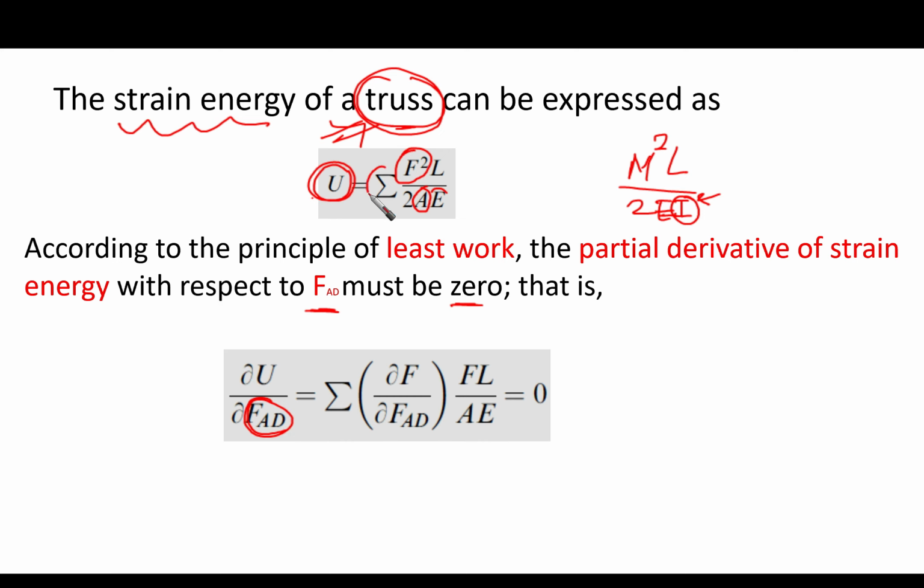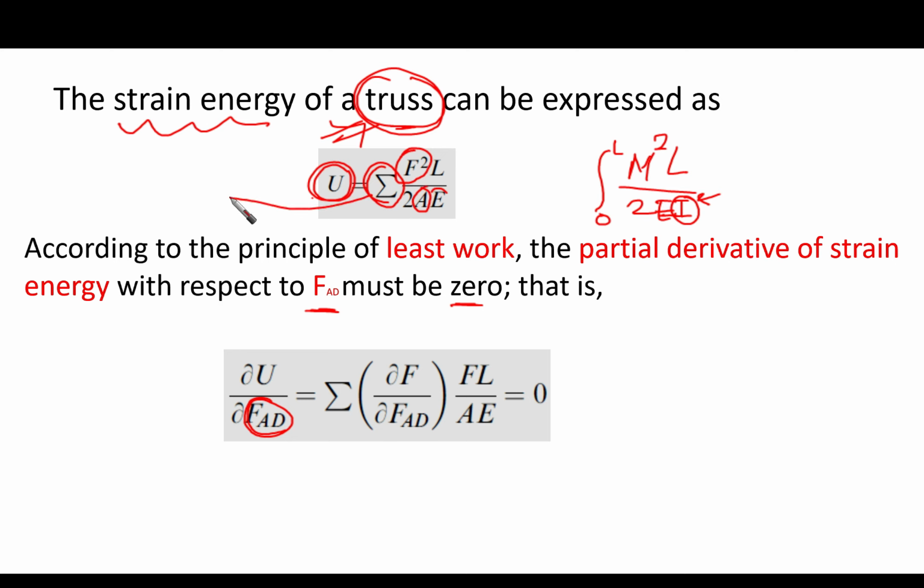Take care, we are talking about summation, not integration. Before, for the moment, it was integration from 0 to L. But here it is different because we have different forces in each member, and we have a number of members.